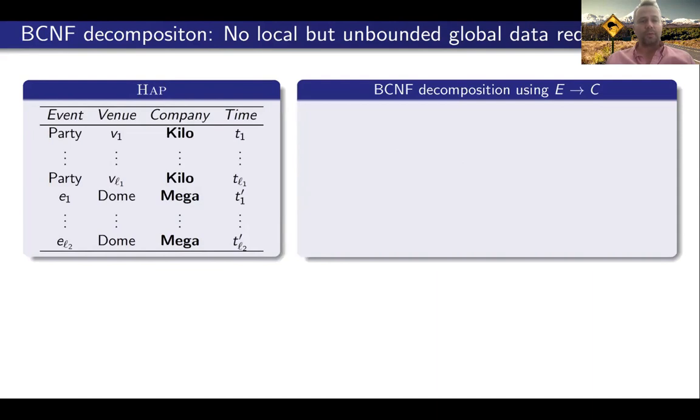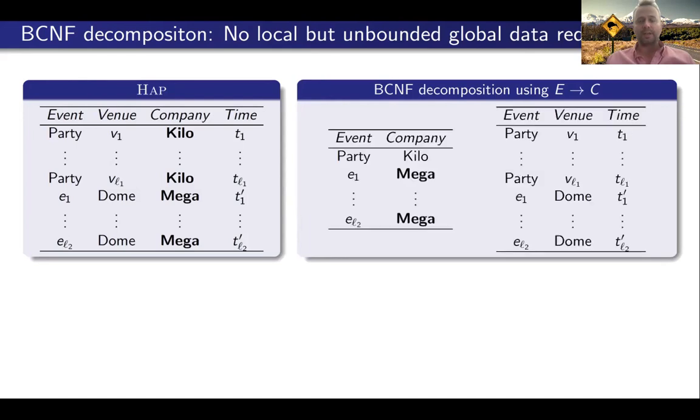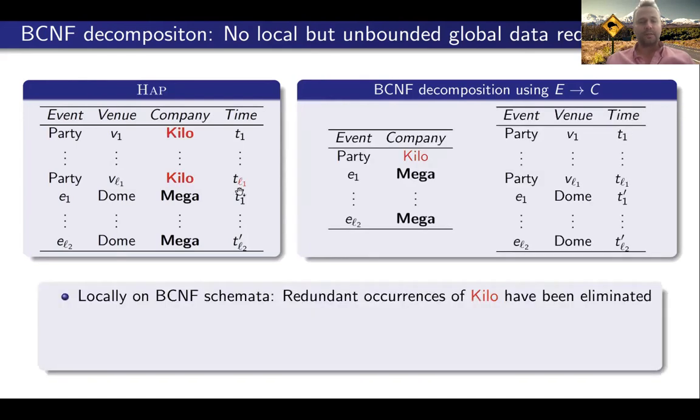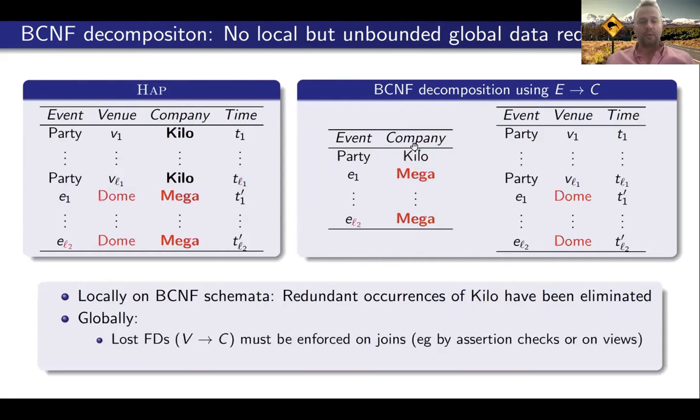Even for Boyce-Codd normal form decompositions, we run into problems. So if we decompose along EC, we get something like this. We've successfully eliminated the redundant occurrences of kilo in here by transforming event to company into a key. But globally, we lost the FD V to C, which you can still see here.